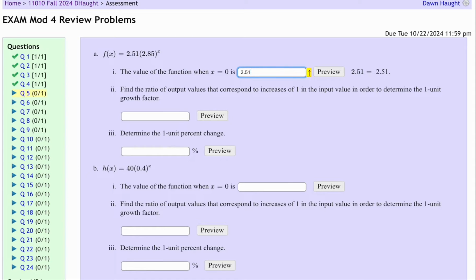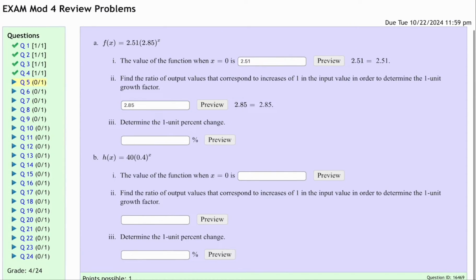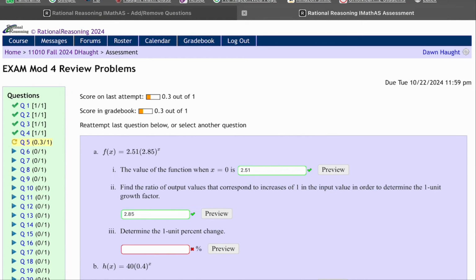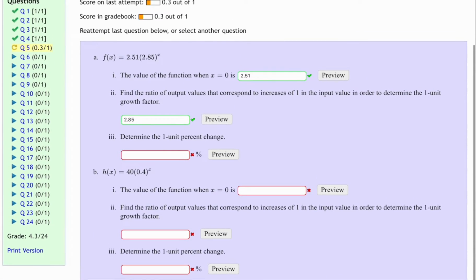The ratio of the output values, that would be our growth rate per 1 unit, it's just going to be that 2.85, I believe. And then it says to determine the 1 unit percent change. That 2.85, if you think of it as 285%, take off 100%, it went up by 185%.